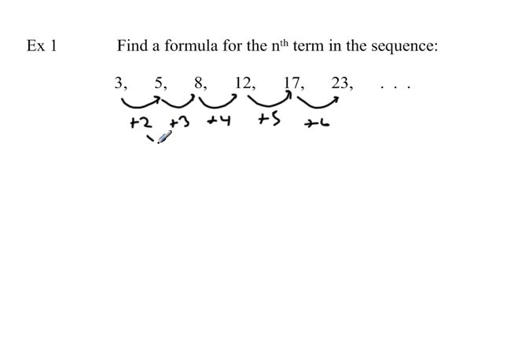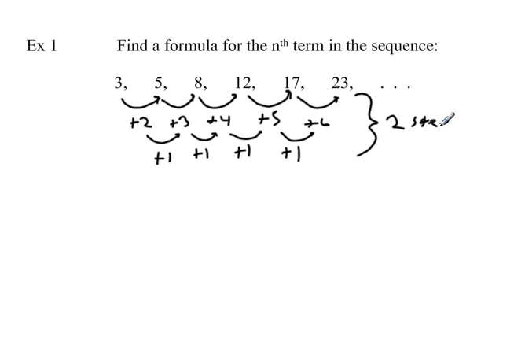And notice the difference between those additions is 1 every time. So we're looking for a common difference, and we don't get it right away with our first step. But if we take another step, we do get a common difference. So on this kind of problem, it takes us 2 steps to get a common difference.